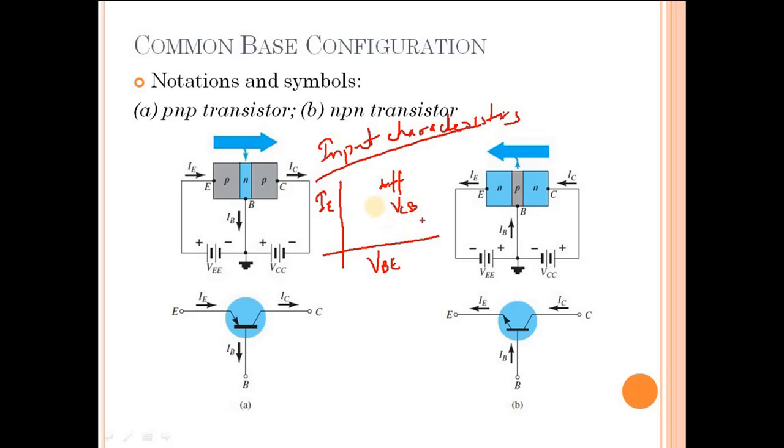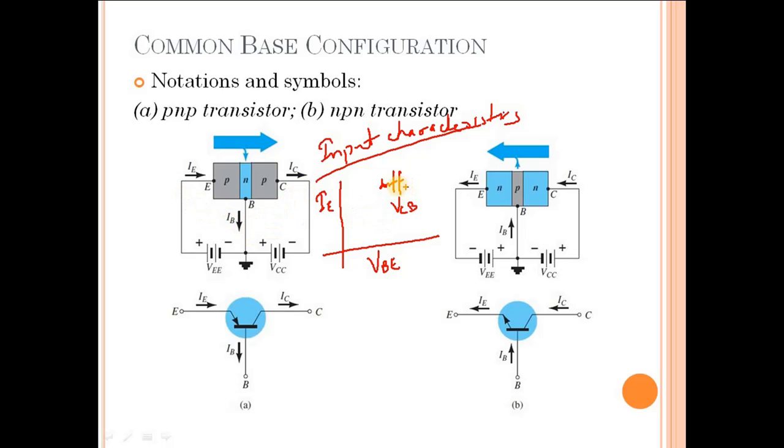So what are input characteristics? They are the plot of curves between the input current IE versus the input voltage VBE for different values of output voltage VCB.